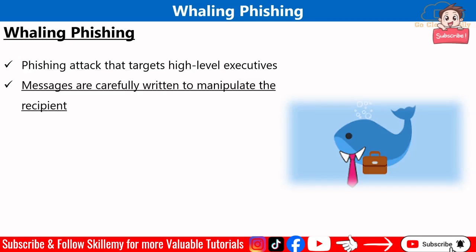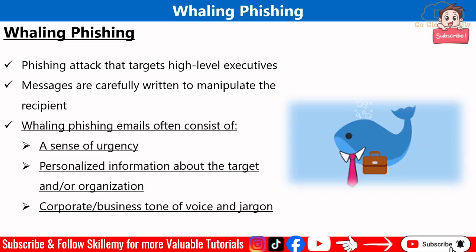The messages are carefully written to manipulate the recipient into divulging sensitive corporate data and personal information, or authorizing large payments to cyber criminals. Normally, whaling phishing emails convey a sense of urgency and contain personalized information about the target, for example his name, his colleague's name, his company, and so on.